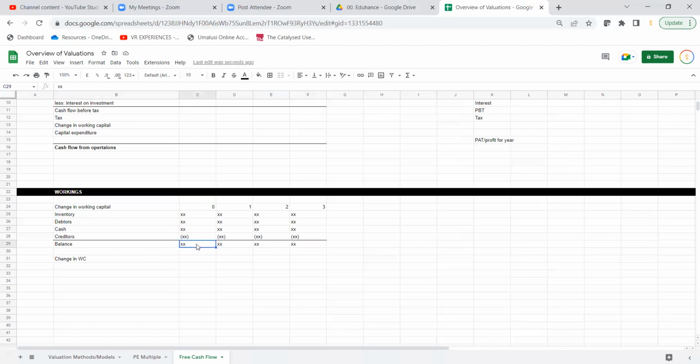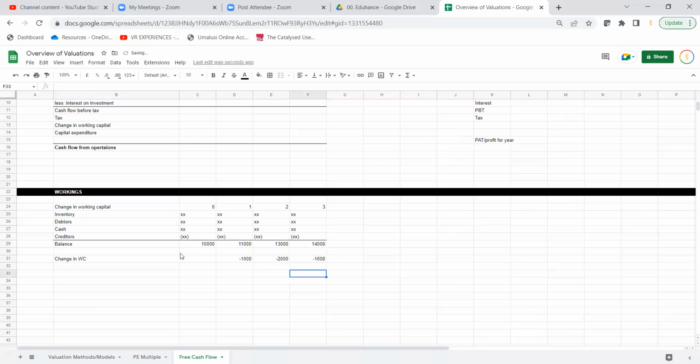So for example, let's make up numbers: 10,000, 11,000, 13,000, 14,000. The change would be last year minus this year, and so forth.